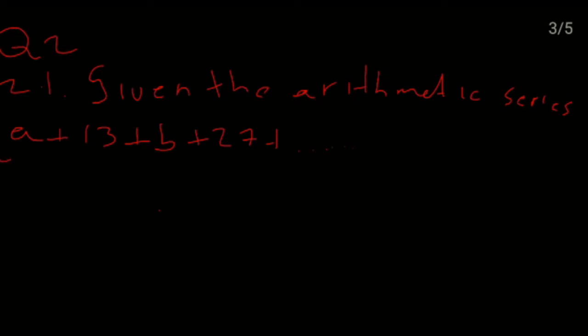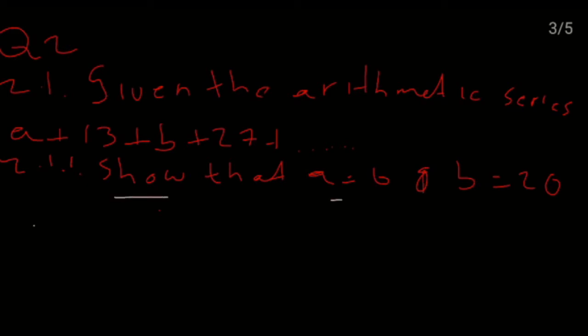Now the question says 2.1.1, show that a equals 6 and then b equals 20, right? Now we are going to do what?